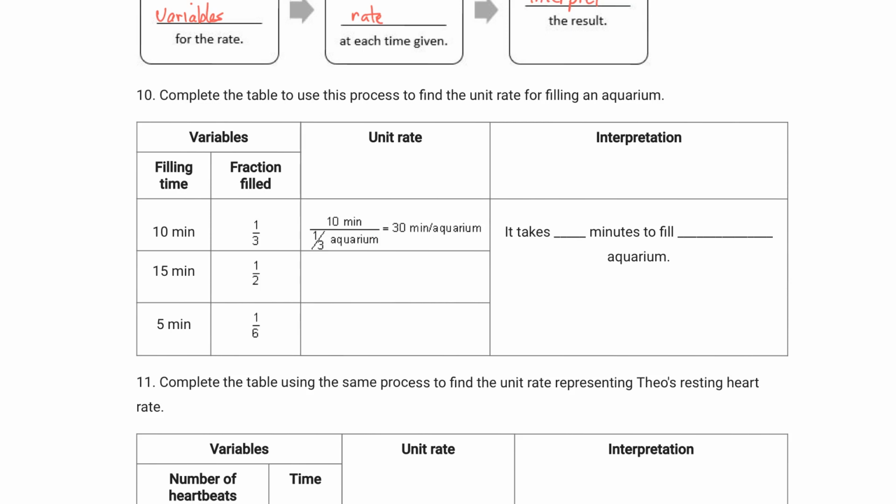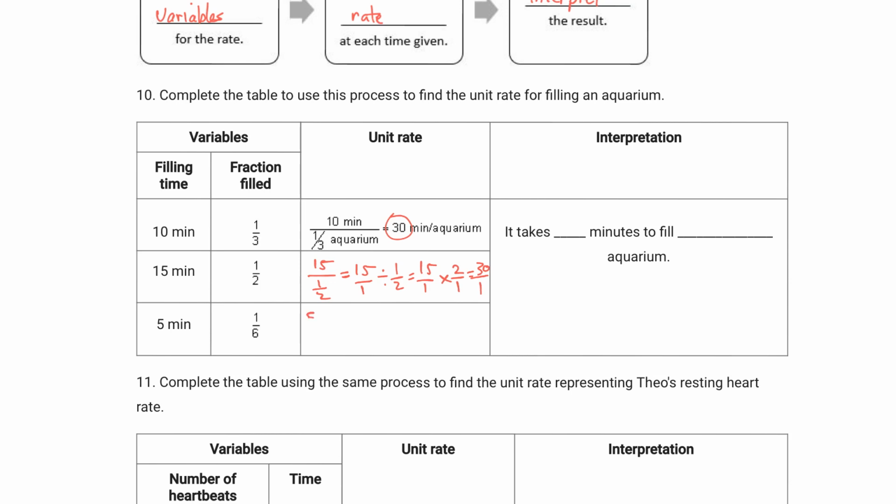And for this next one here, it would be 15 divided by 1/2. Well, 15 is 15 over 1 divided by 1/2. That's 15 over 1 times 2 over 1, which is 30 over 1, which is still 30, which is the same as this.